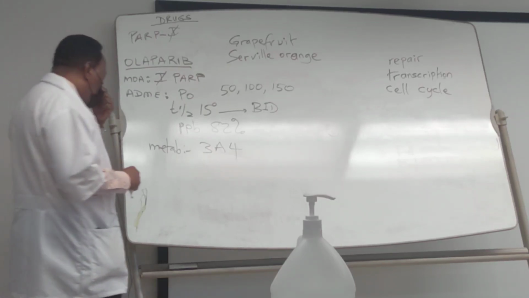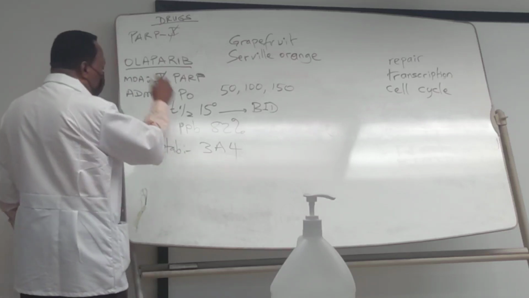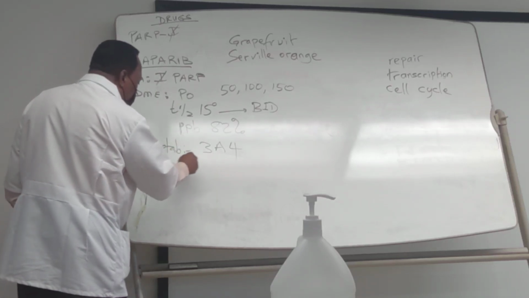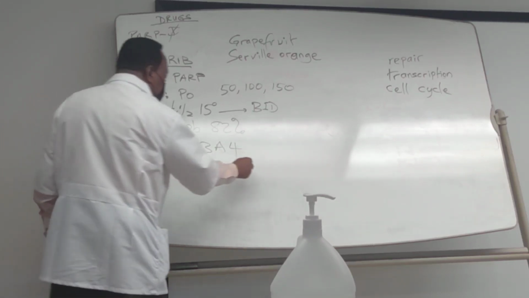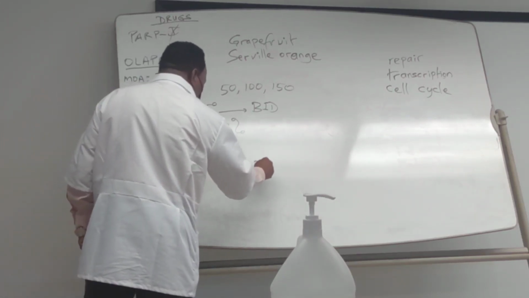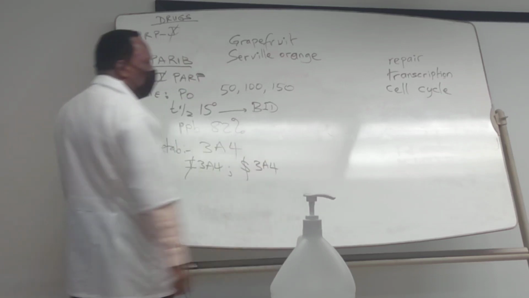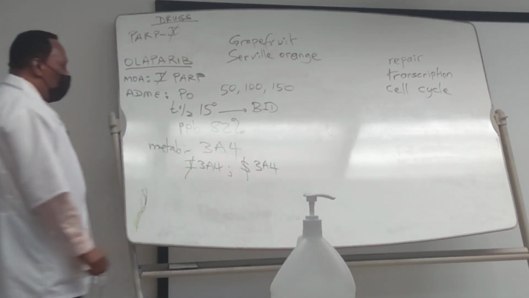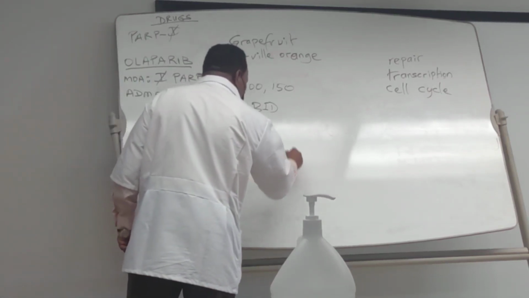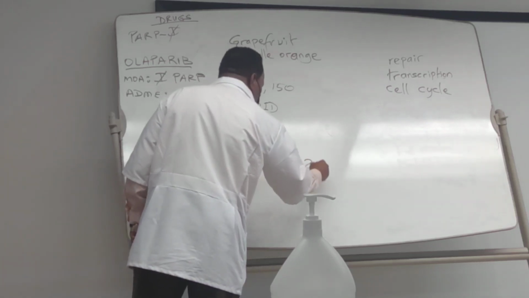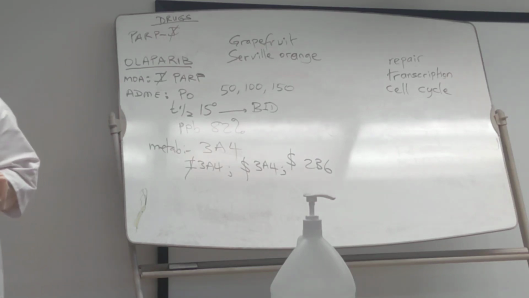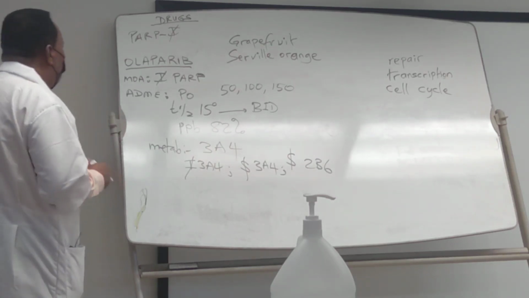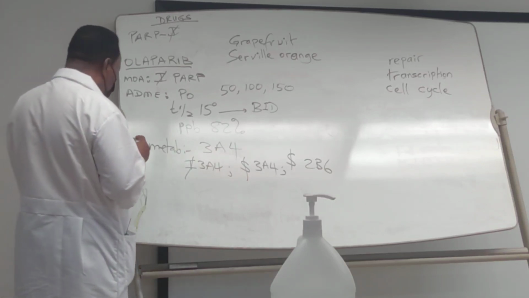Now, olaparib itself can inhibit 3A4, and it can also stimulate 3A4. And it also happens to stimulate your 2B6. So you see you have different avenues for drug-to-drug interaction when you give olaparib.